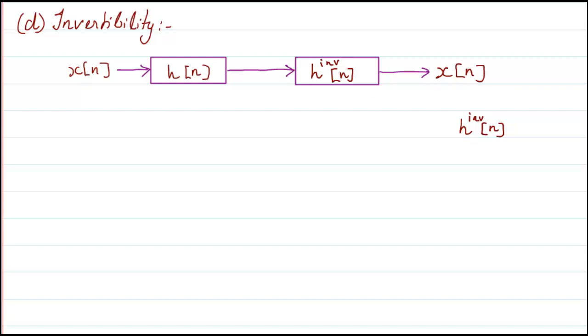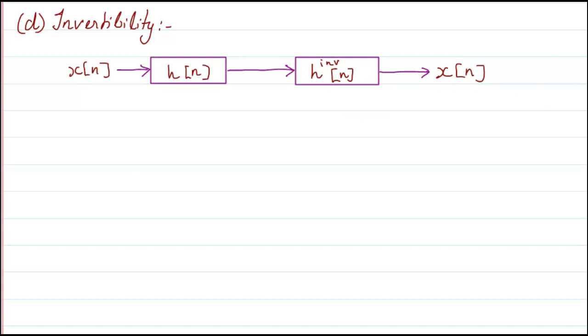If that is the case, then we will say that h of n is an invertible system, and the inverse system is h inverse of n, such that if you pass the signal x of n, whatever is the output, that output will give you back x of n if you put these two in cascade. So how do we write the statement?